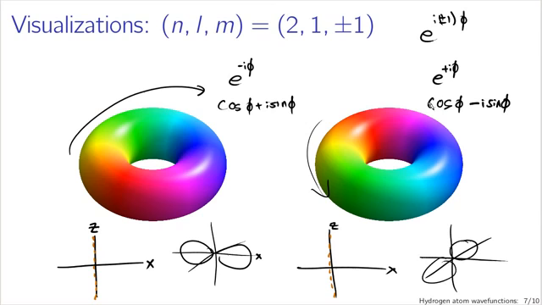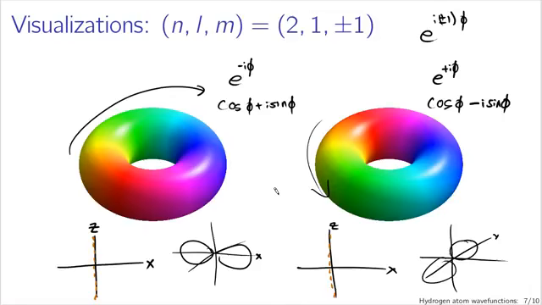If you ignore the complex part by multiplying everything by i, for instance, you'll end up with just the sine of the angle, and you'll get something that's only non-zero along the y-axis. So you would get the same sort of two blobs that we saw when we looked at the case where m equals 0. So if you're seeing pictures with blobs off-axis like this, in the case where m is non-zero, you're looking at a chemist's interpretation of the spherical harmonics.